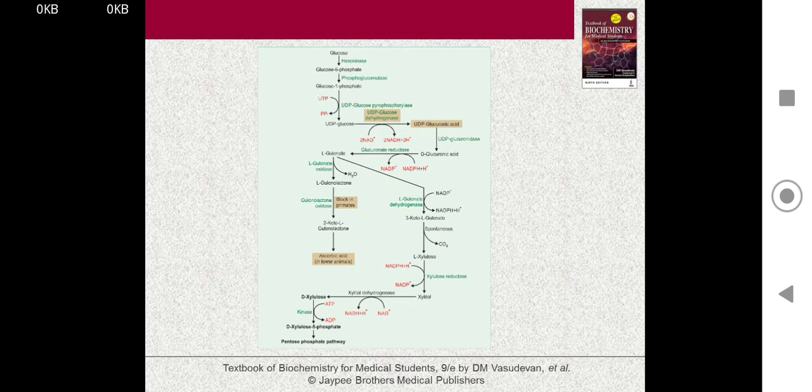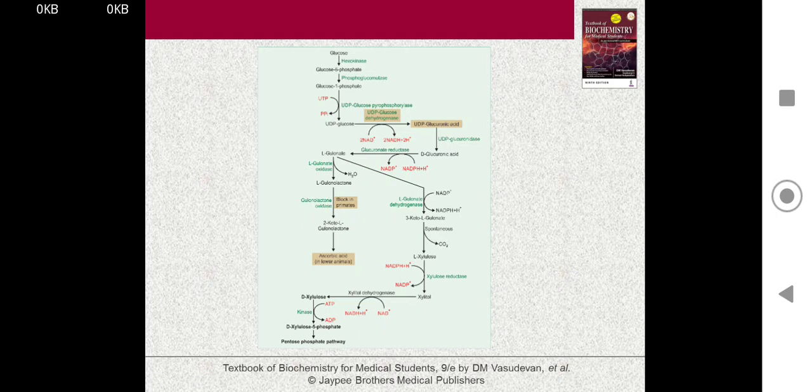So, it is important for your MCQ purpose as well as short questions. Now, L-gulonic acid can be converted into 3-keto L-gulonate with the help of enzyme L-gulonate dehydrogenase. Now 3-keto L-gulonate is spontaneously converted into L-xylulose, which is converted into xylitol, and then into D-xylulose with the help of two enzymes, xylitol dehydrogenase and xylulose reductase.